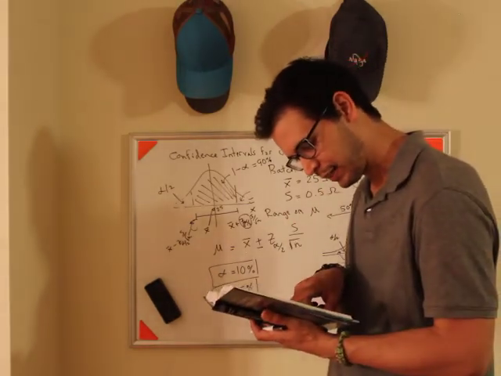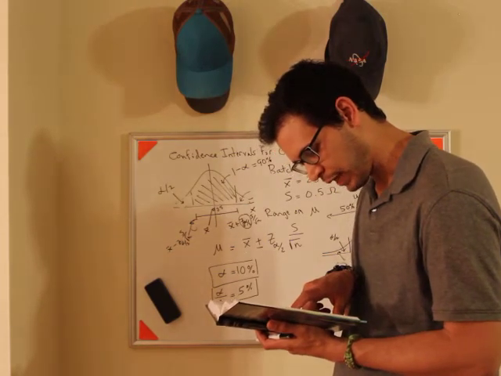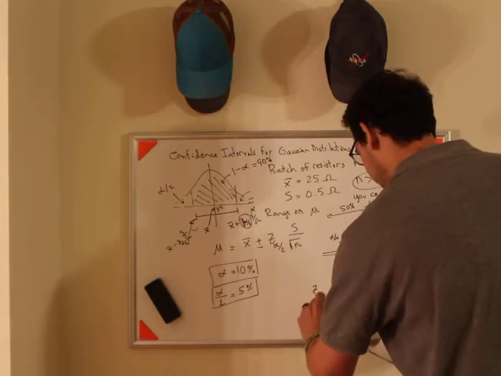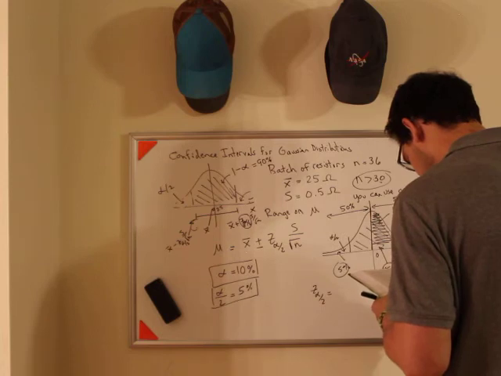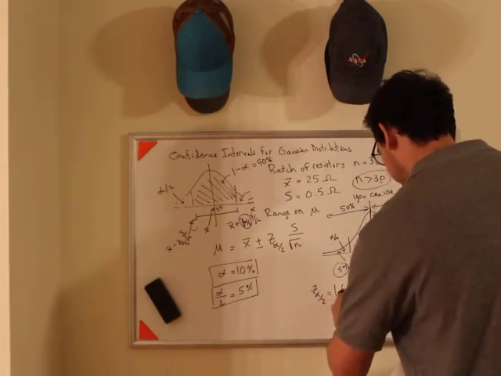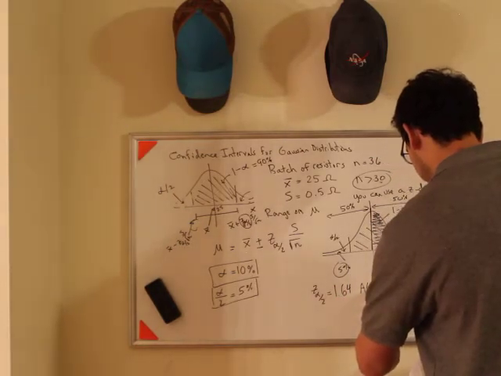And I'm not going to find it exactly. I found 0.4495, so z alpha over 2 equals 1.64. The area under the curve is 0.4495.